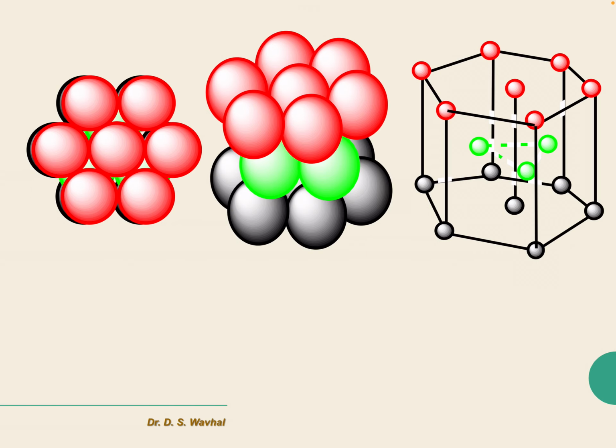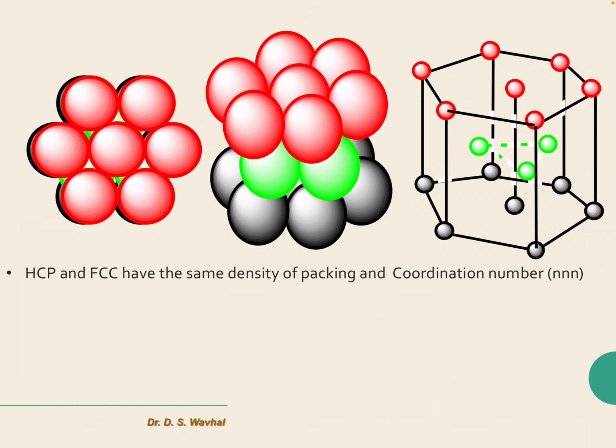Now here, HCP and CCP have the same density of packing and coordination number. Let us find in this case the coordination number. For that, consider this atom. Now you can see that in its own plane it is in contact with these six atoms.